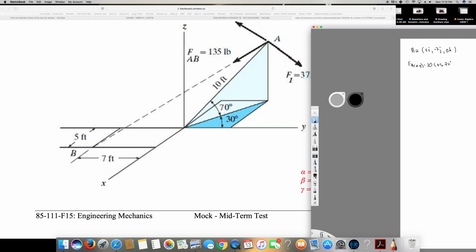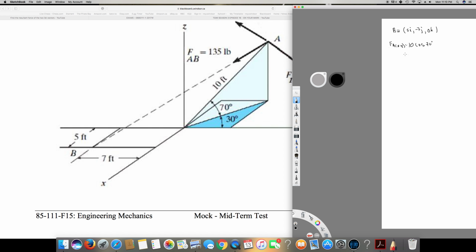Then we have to find the XYZ components using this. First I'm going to find the AX component. It's going to be, this is 10, so let's say this one is AXY.